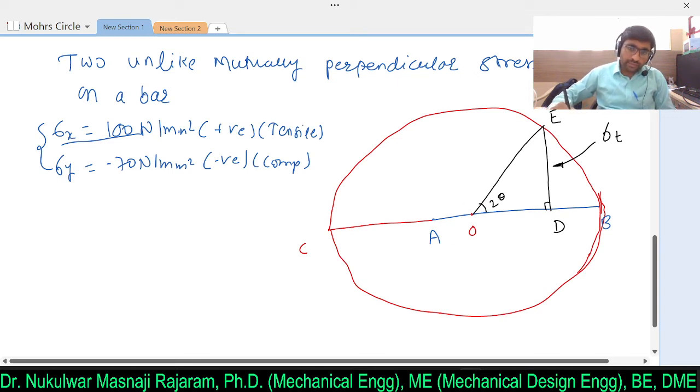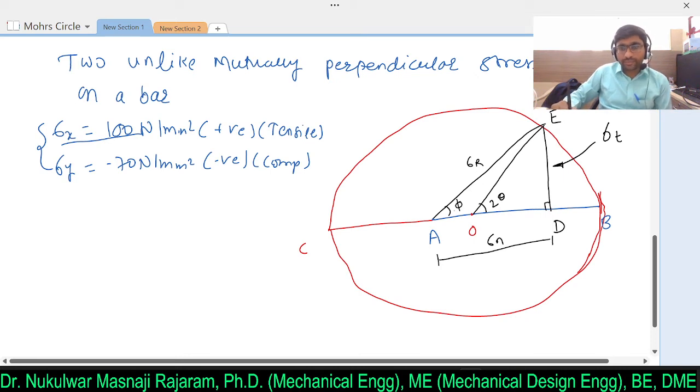And if I join A with E, then this will be the resultant stress, and the angle between resultant and normal, this angle, will give you the angle of obliquity. If you join this point C with the point E, then this will be the angle theta.